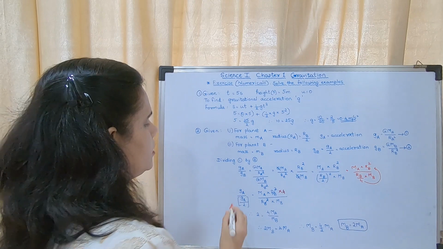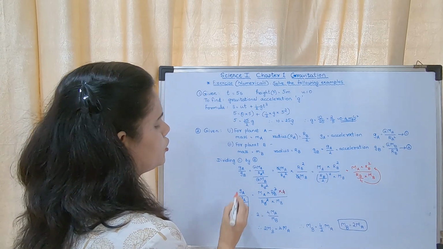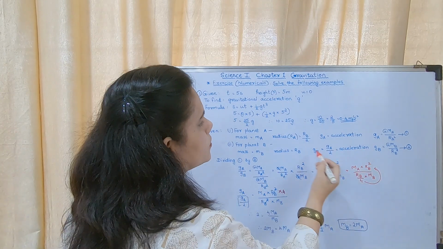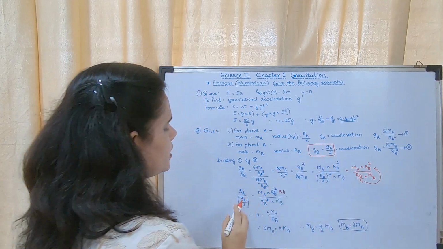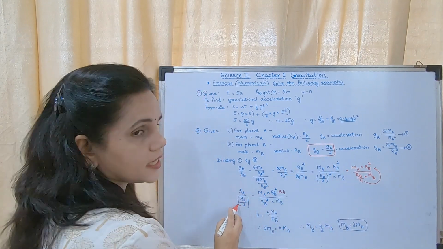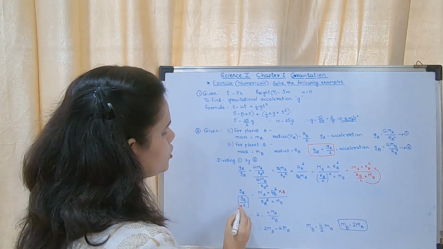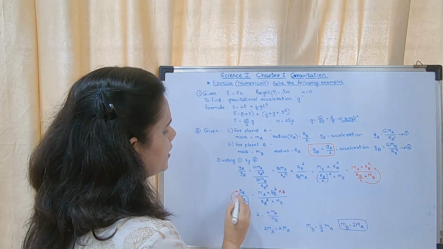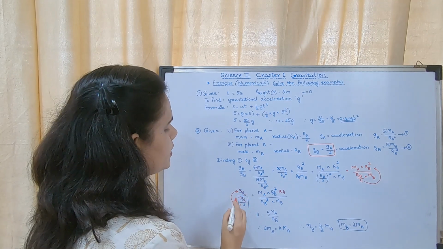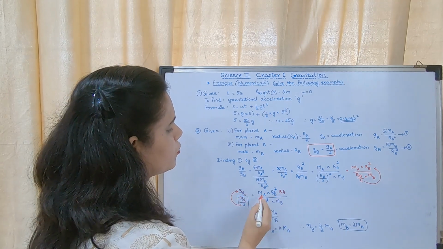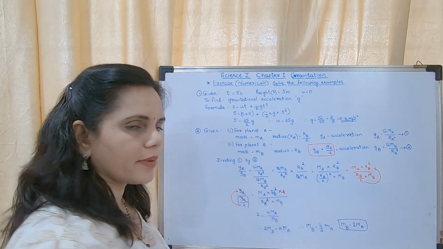Now GA upon 2, you may see GB is equal to GA upon 2. So instead of GB, I have taken GA upon 2. So this 2 also will go up. This GA will get cancelled and you will get 2 is equal to 4 MA upon MB.